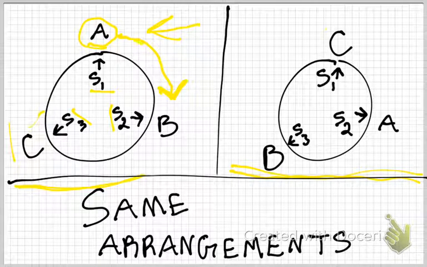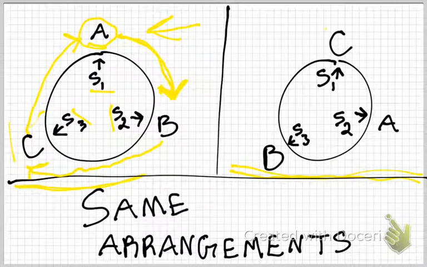So if you go to the left of A, B is at A's left. And then if you go further, C is at B's left. And then A is at C's left. And it's the same here.